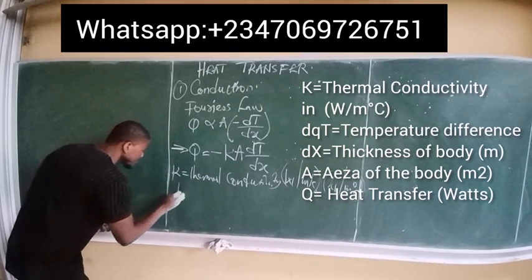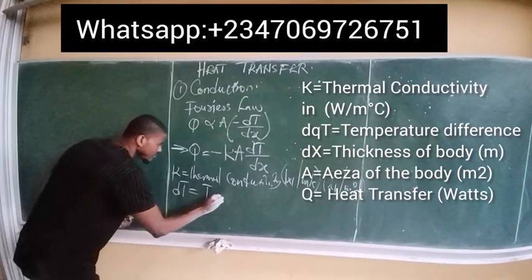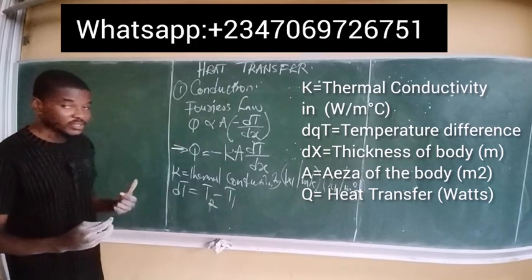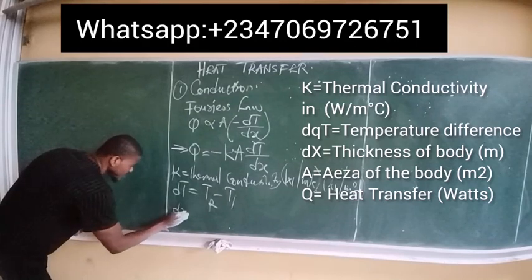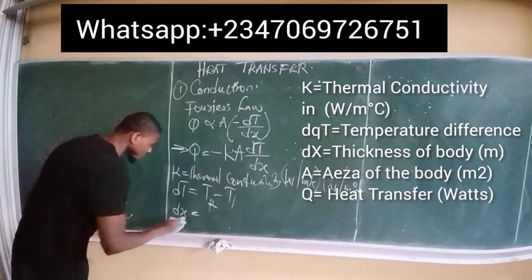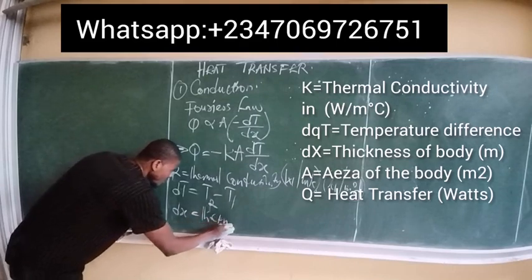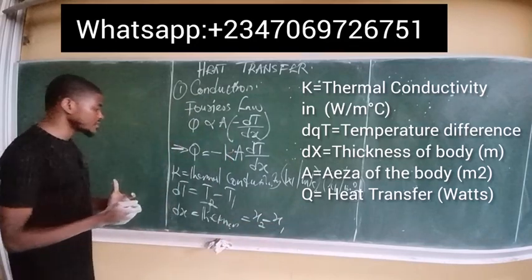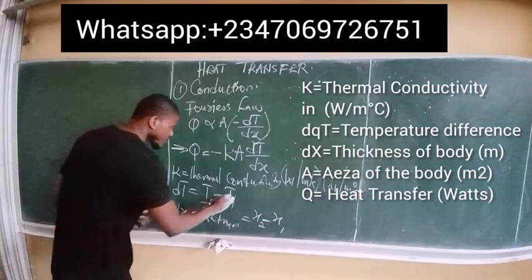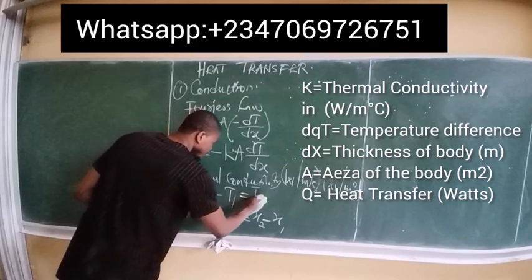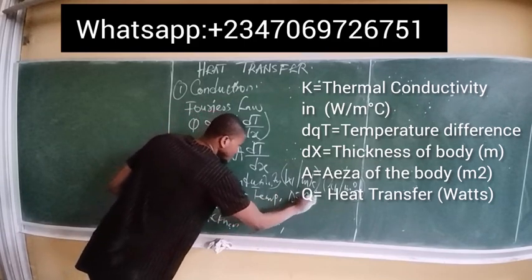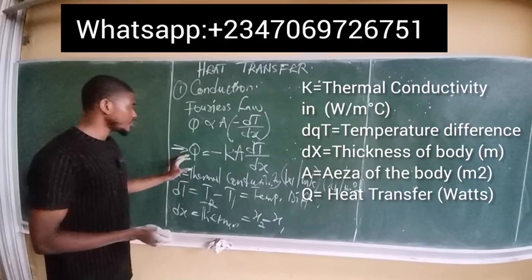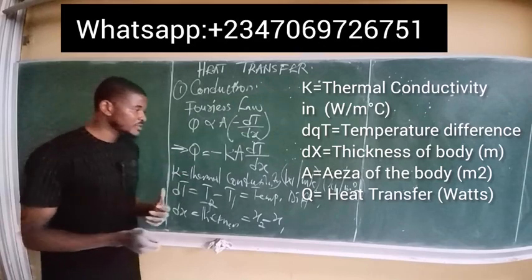You can write that dT is T2 minus T1, the difference between the final temperature and the initial temperature, while dx is x2 minus x1, the difference in the thickness of the body. A stands for the area of the body in meters squared, where Q is the heat supplied, in watts.